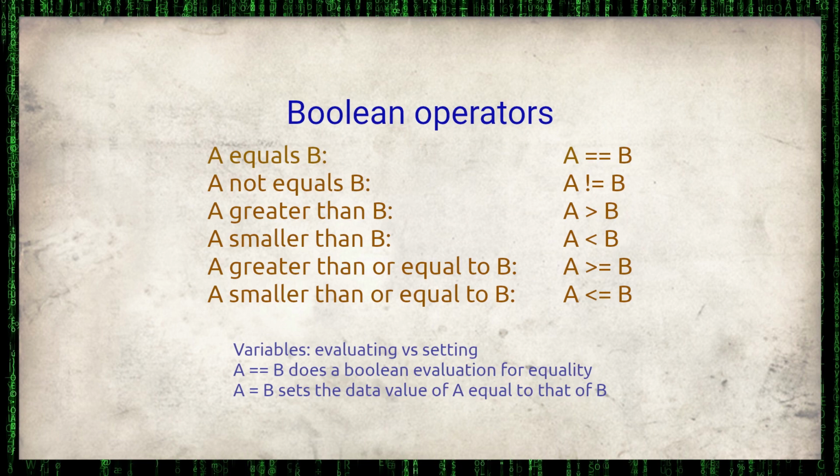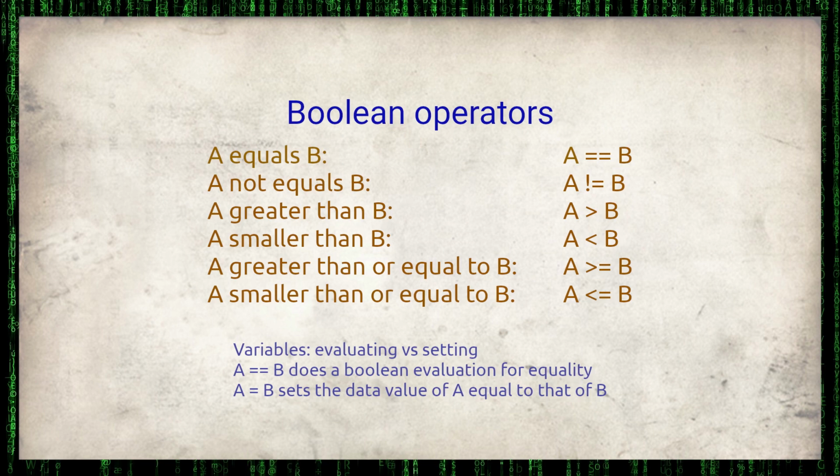You'll notice here that the very first one, A equals B, has two equal signs. When you're setting a variable to have a particular value, you use a single equal sign. You'll notice where I set the age here, for instance, of my friend.